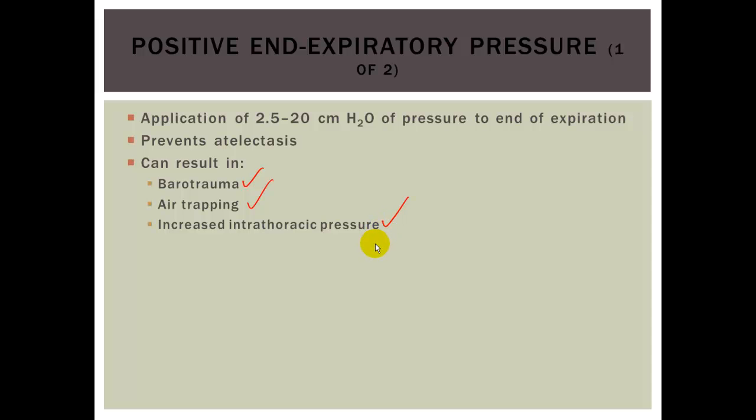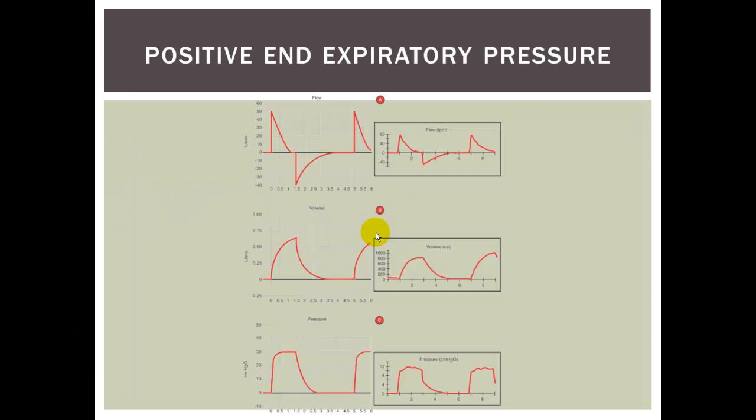Depending on what your patient's lung tissue condition is, this could give them a tension pneumothorax if not watched very carefully. This just shows PEEP. We got a nice amount of spike occurred in there. Tidal volume, nice peak end expiratory pressure.